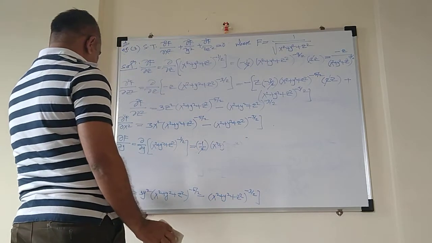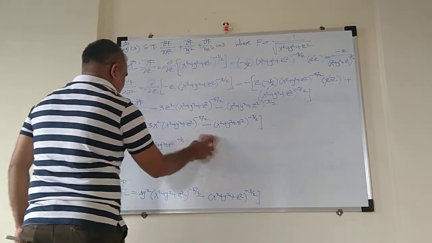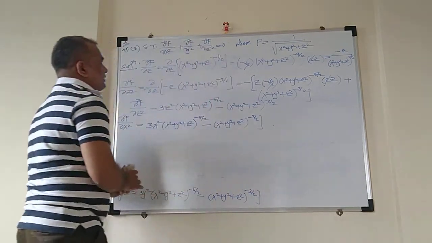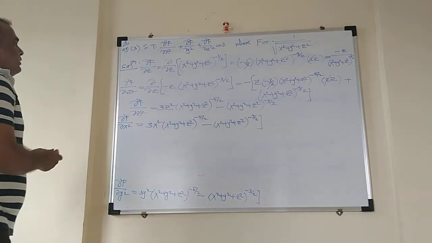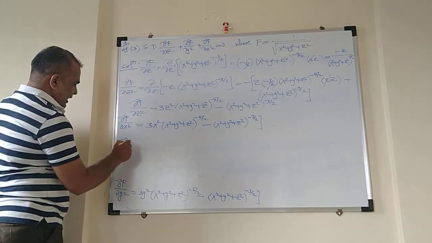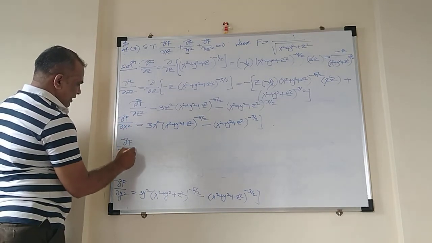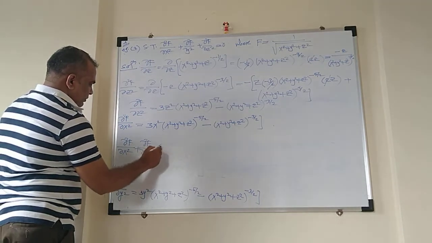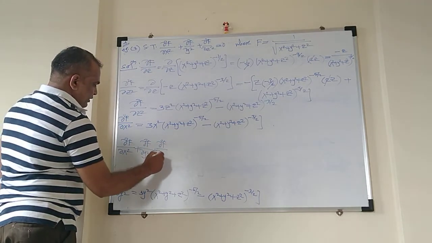Dou 2f by dou y square is here, so this is not required. Yes. Now the last part of the problem, to show that this is equals to dou 2f by dou x square plus dou 2f by dou y square plus dou 2f by dou z square.